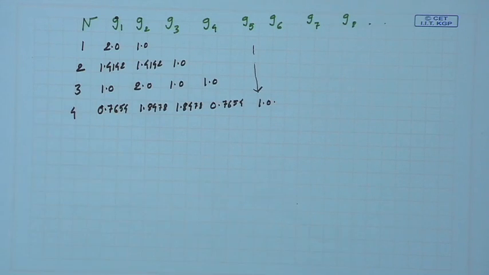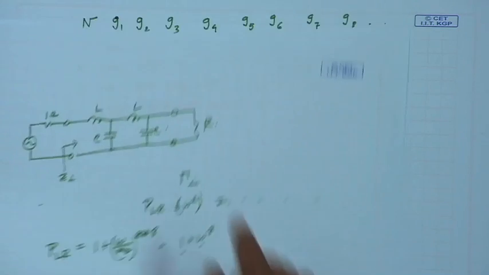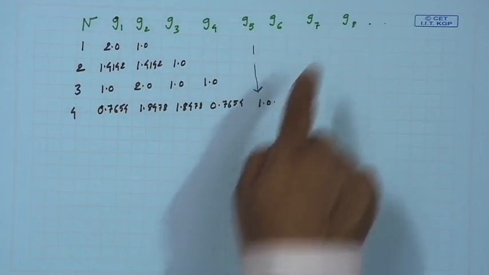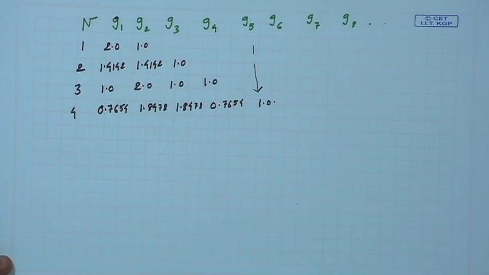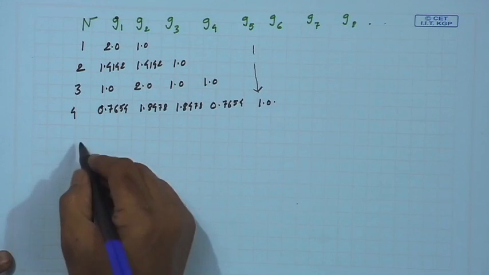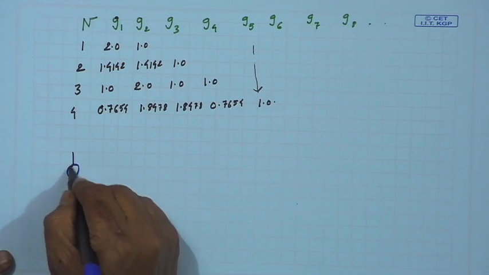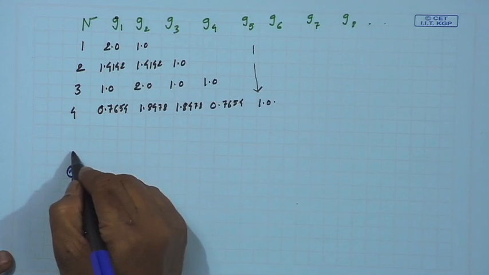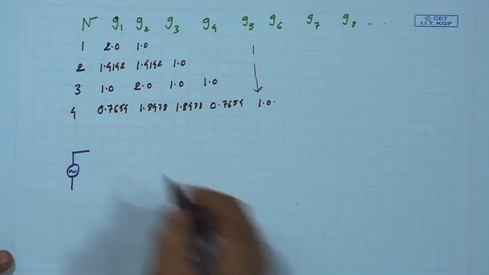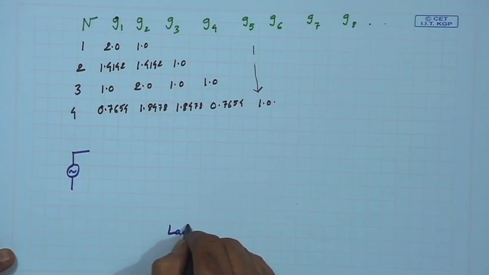Now, when I drew it, it was L, C, R, but here these are G1, G2, G3 etcetera. So how to interpret that? The concept is this, that this is called a ladder prototype.